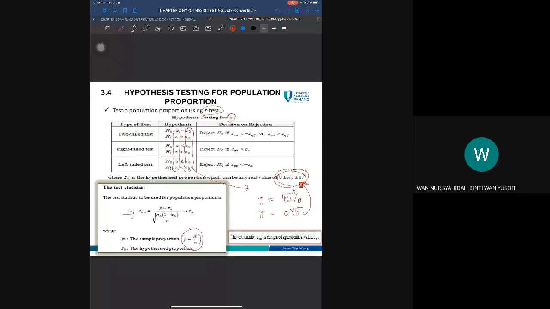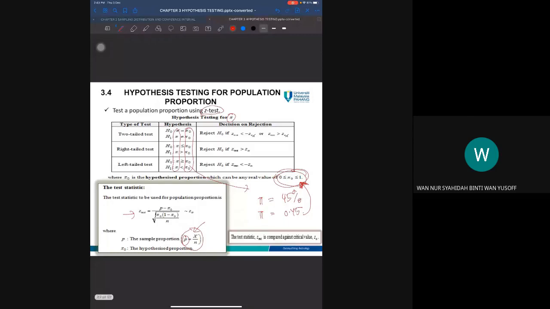For example, the P we give is 0.4, but after you convert to X and divide by N, you get 0.45. It is incorrect and you will lose some marks. If you really have X in the question, then yes, you have to divide by N and get your P.